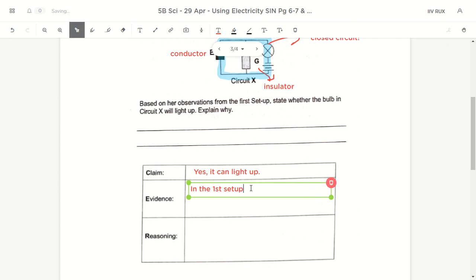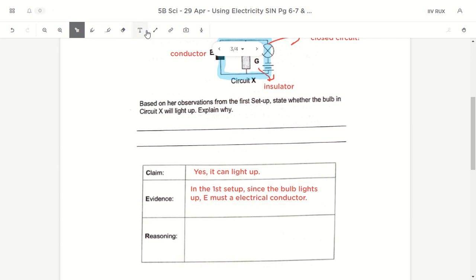In the first setup, since the bulb lights up, E must be an electrical conductor. So this is the evidence that we know from the first part of the diagram.